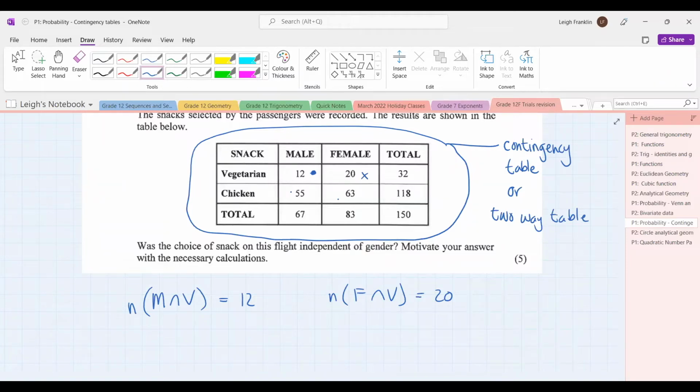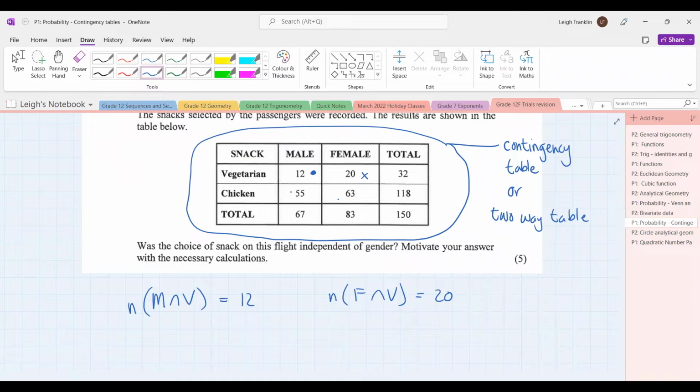And when you answer a question, you have to make a decision in the very beginning. What am I going to look at? Because if you're going to look at male and vegetarian, then you've got to look at the probability of male times the probability of vegetarian to give you the probability of someone being a male and vegetarian.